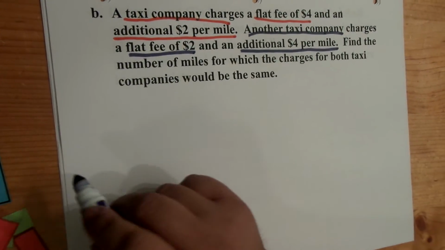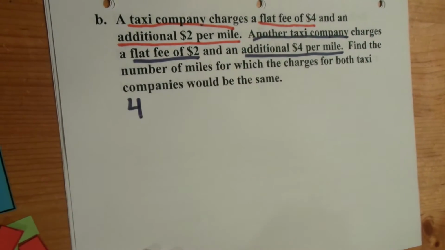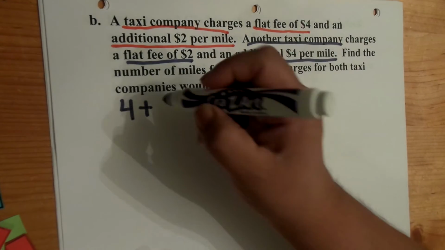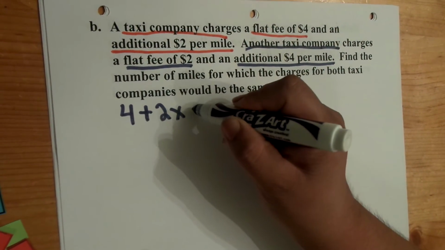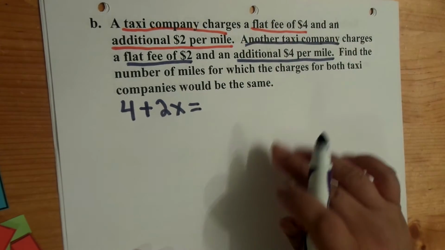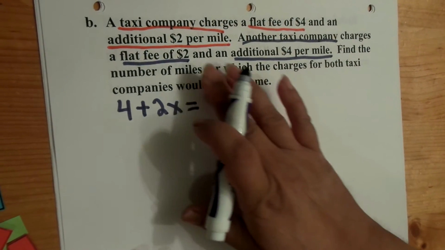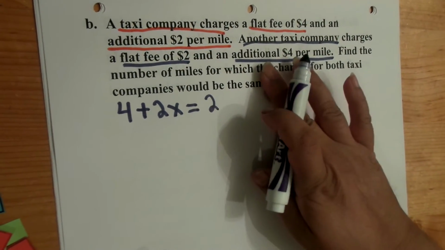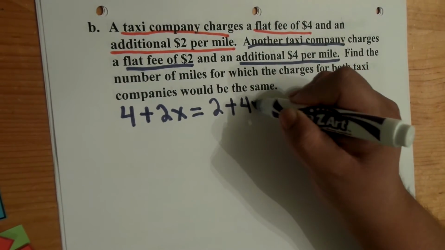We have $4 as our flat fee, and we know it's $2 per mile, so it's 2 and our variable is x. We're going to do the equal sign right there. Now the other taxi company charges $2, which is a flat fee, plus an additional 4 for every mile.